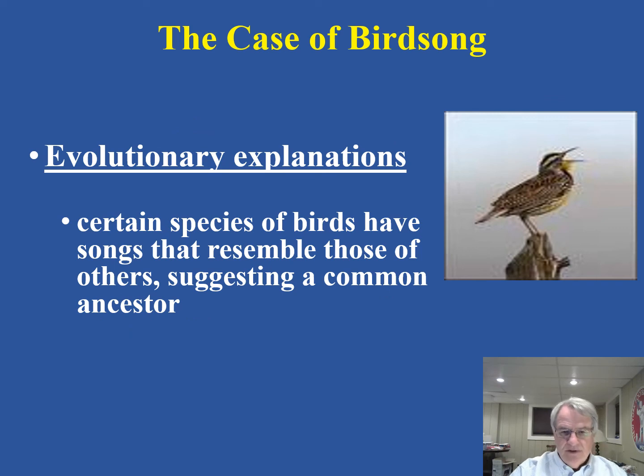When we take a look at evolutionary explanations, one of the things that we know is that there are certain species of birds that have songs that resemble the songs of other birds, of other species. And what that suggests is that there's probably a common ancestor, that probably there's this commonality that occurs, perhaps in terms of the genes that are represented in the gene pool at that particular time, that certain species of birds have songs that do resemble those of other species.